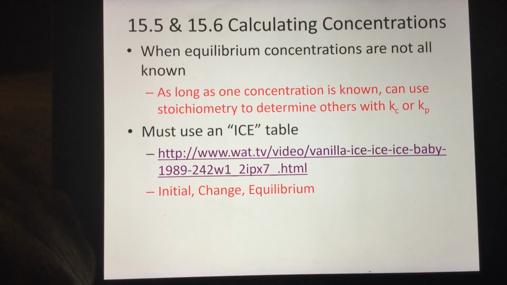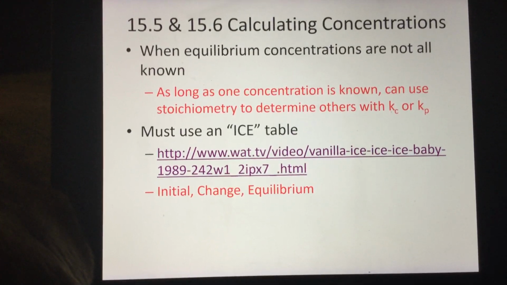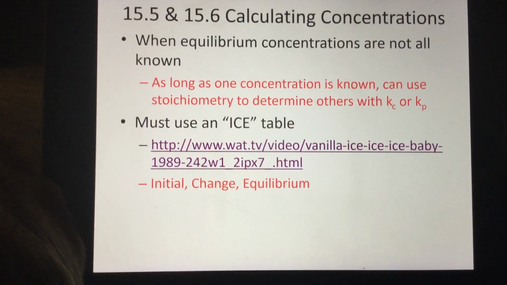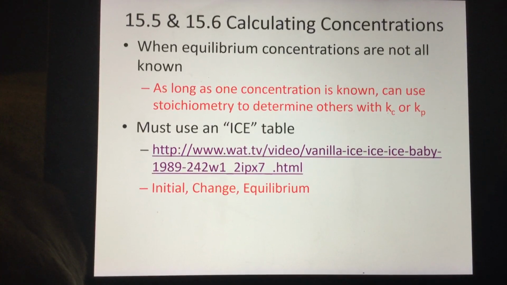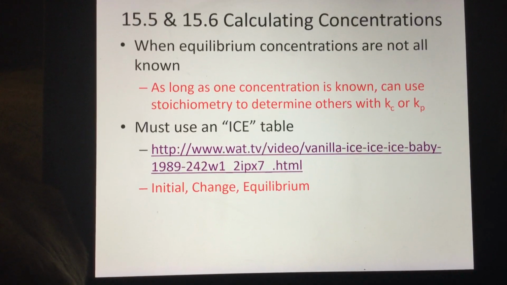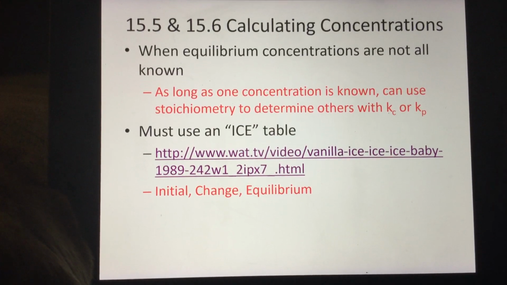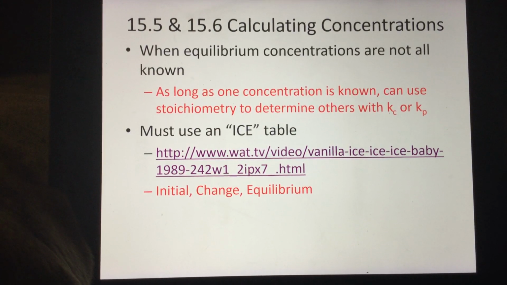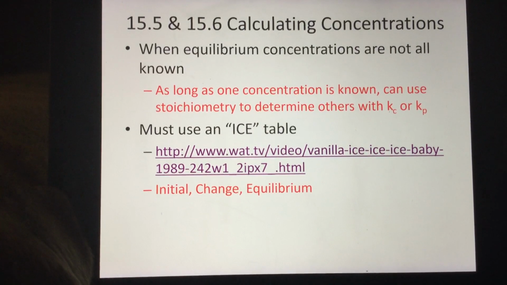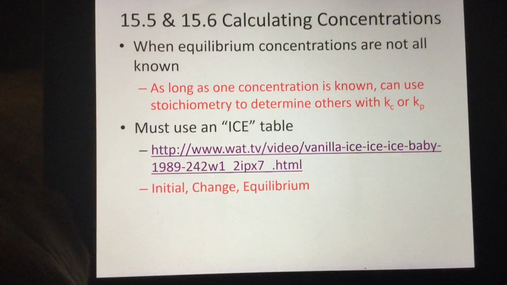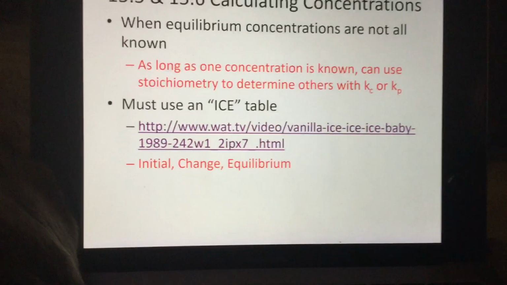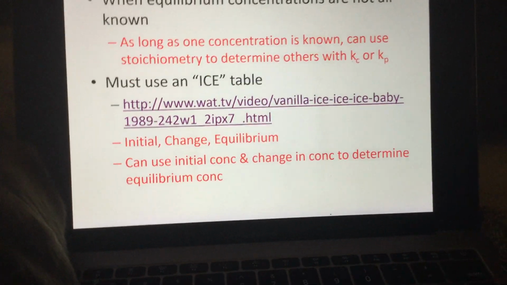So we can be talking about either pressures or concentrations, just depends on whether we're dealing with gases or aqueous solutions, but initial concentration or pressure of all of the substances, then how they change as the reaction proceeds towards equilibrium, and then finally what their concentrations or pressures are at equilibrium.